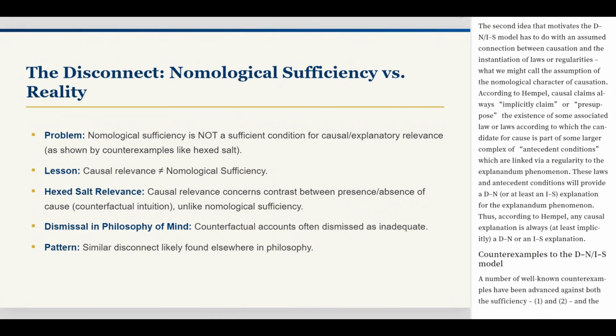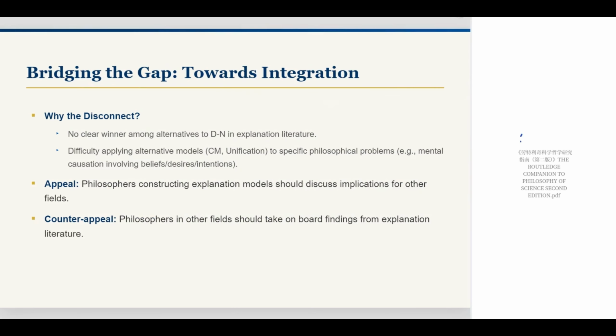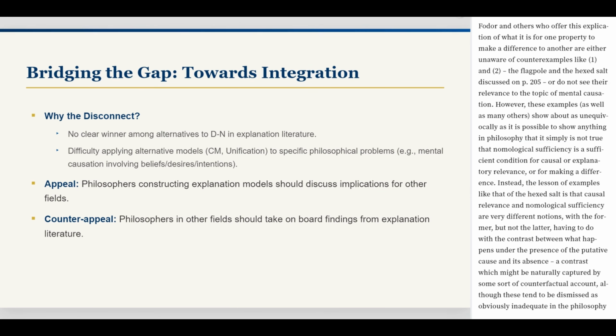What would have happened if the cause hadn't occurred? Yet, counterfactual accounts are often dismissed out of hand in discussions of mental causation. It's a curious disconnect. Woodward suspects this pattern, this failure to heed the lessons learned in the explanation literature, might be happening in many other corners of philosophy too.